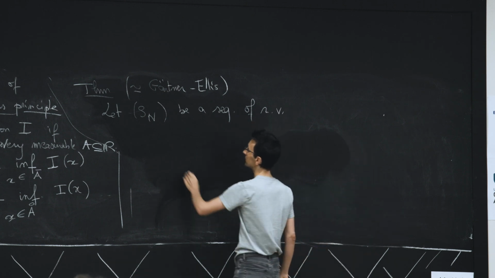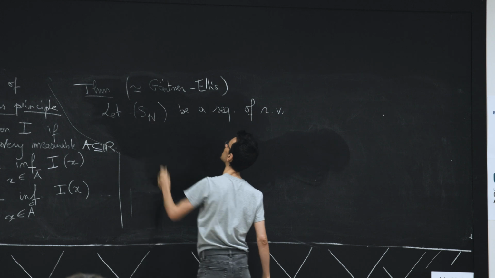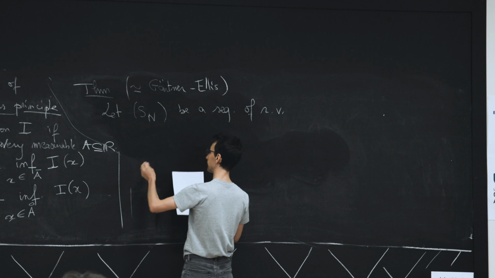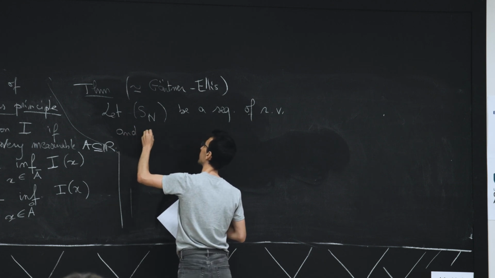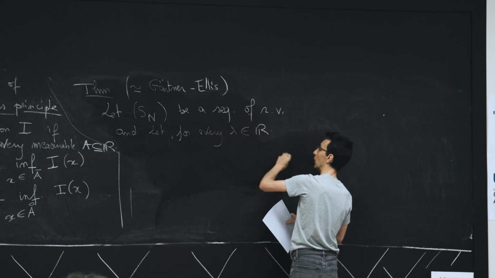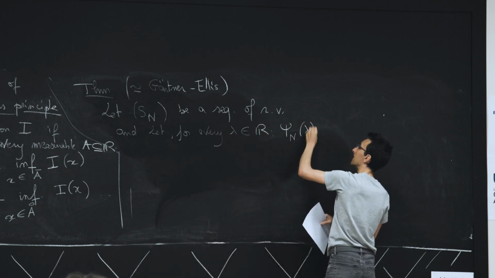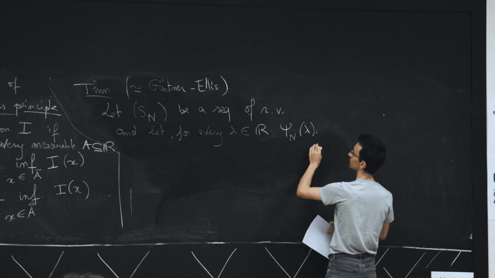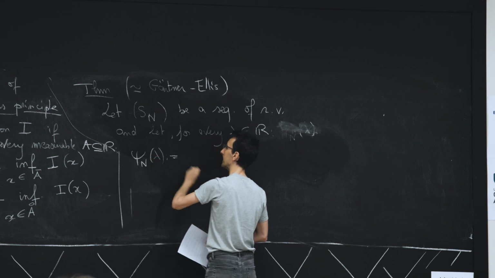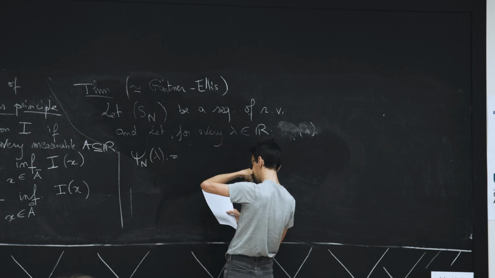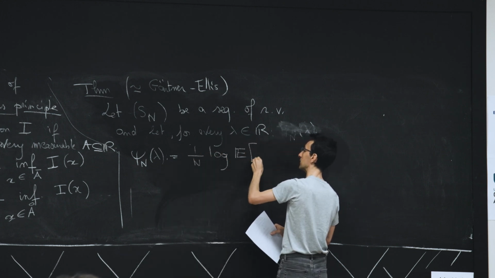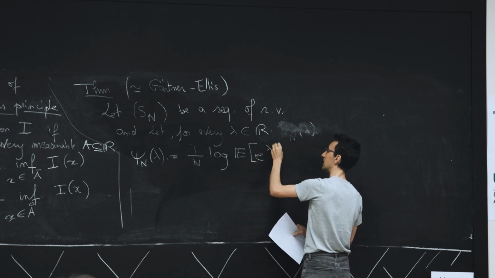They take values in R. And for every lambda in R, we're going to set psi n of lambda to be 1 over n log of the expectation of e to the lambda n Sn.